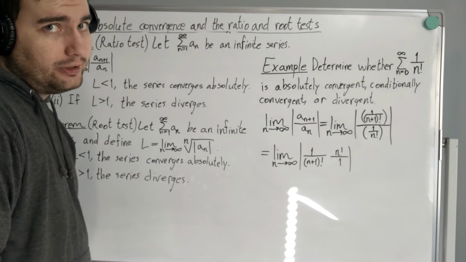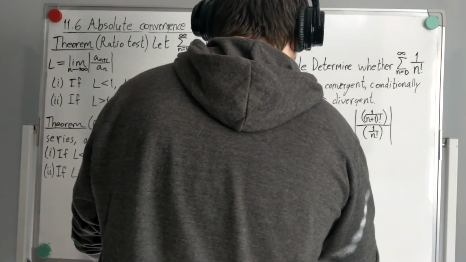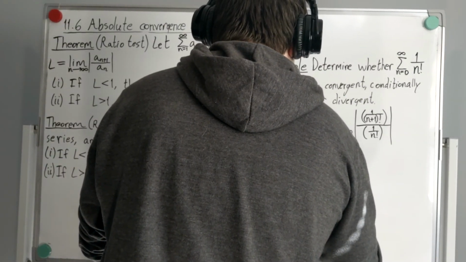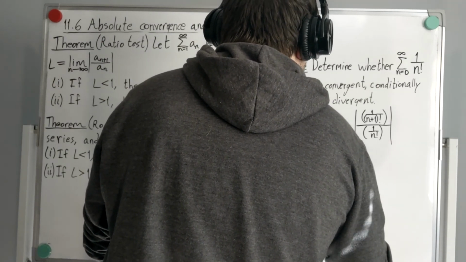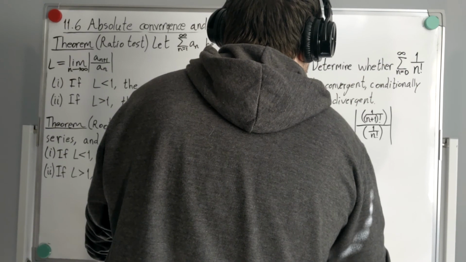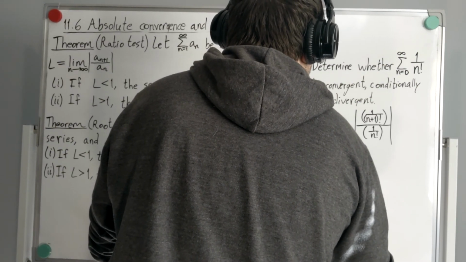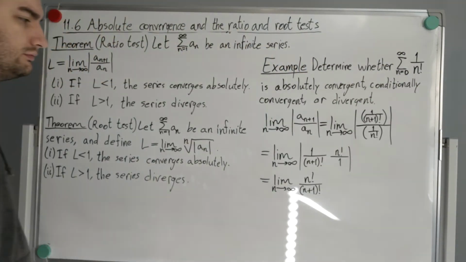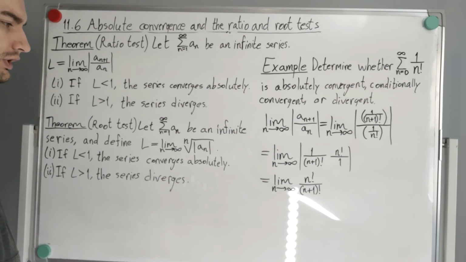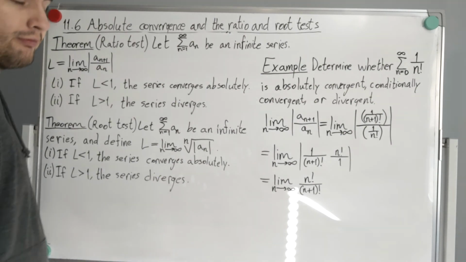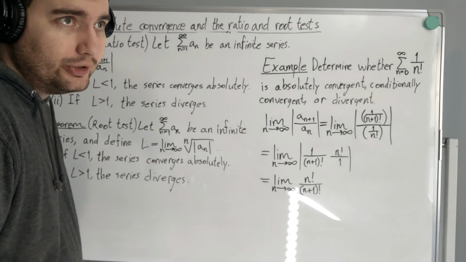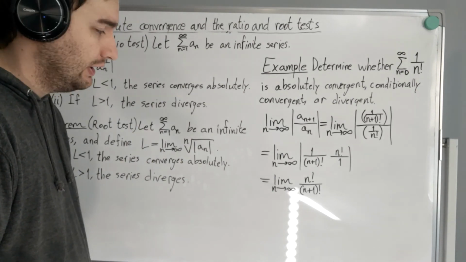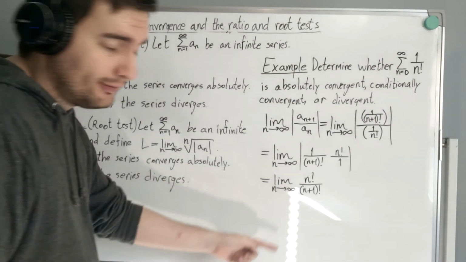Everything is positive, so we can forget about the absolute values. So this is now the limit as n approaches infinity of n factorial divided by (n plus 1) factorial. Again, (n plus 1) factorial divided by n factorial is just n plus 1. And this is 1 over that.